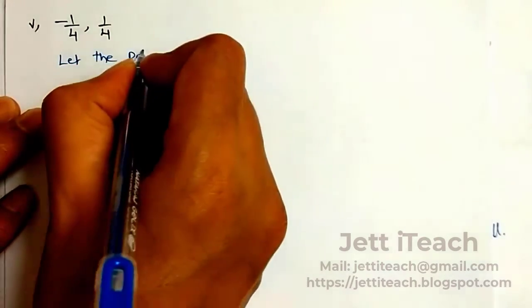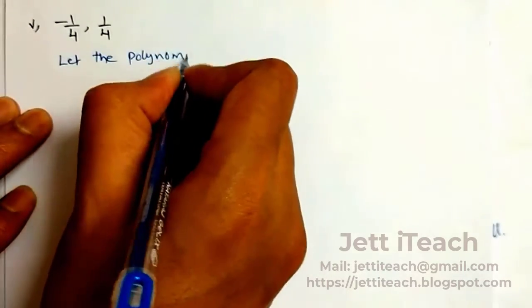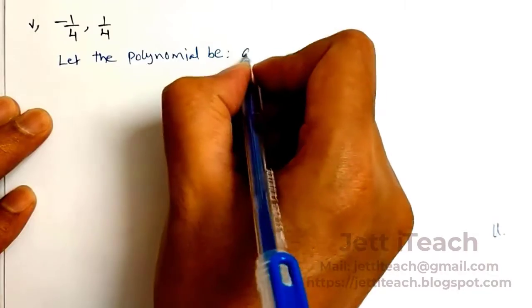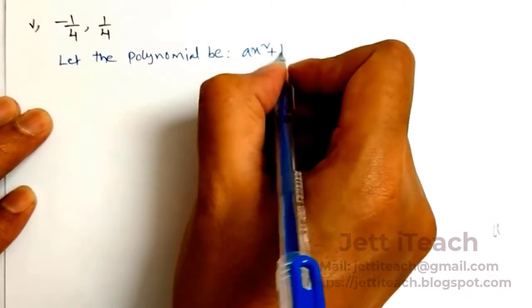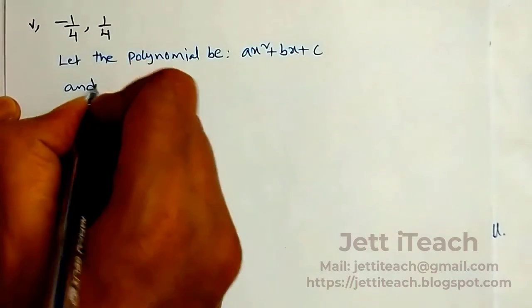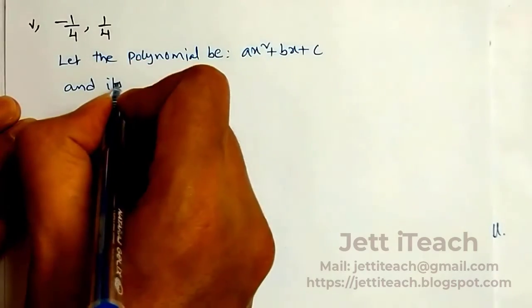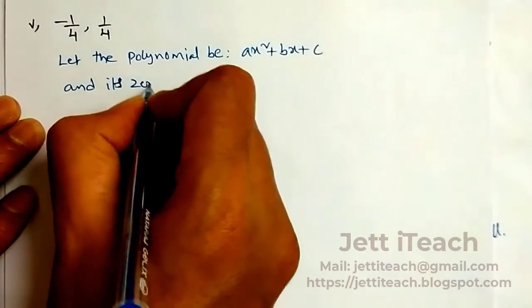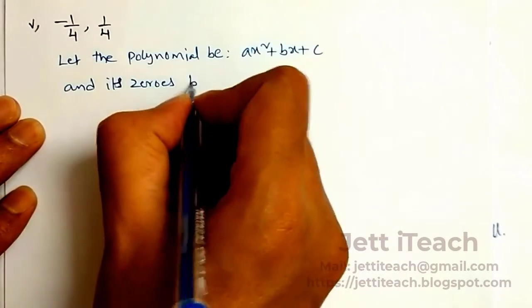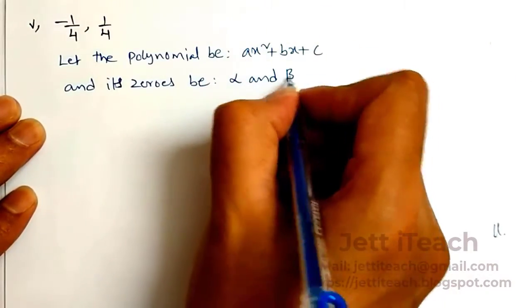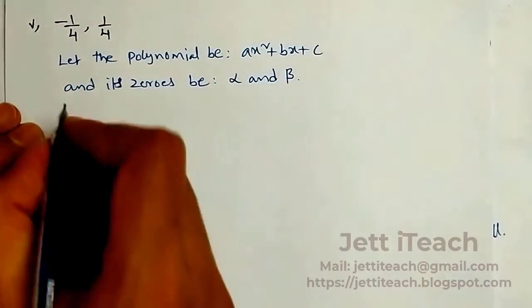Let the polynomial be ax square plus bx plus c and its zeros be alpha and beta.